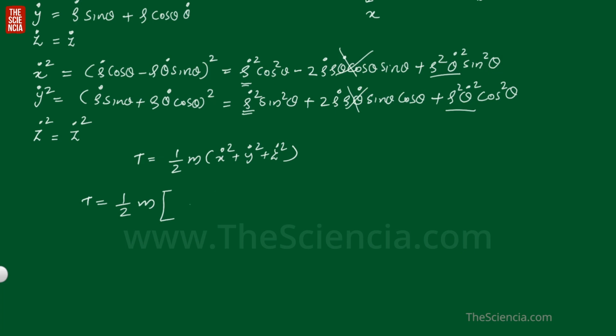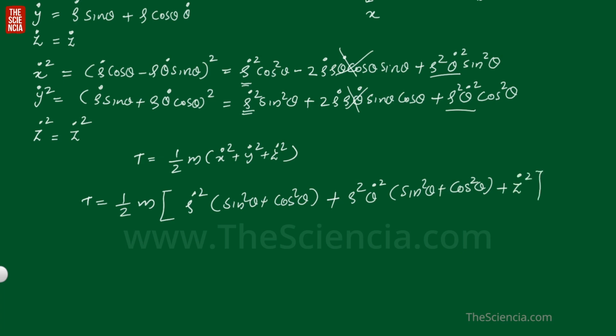So we get 1 by 2 m into rho dot square into (sin square theta plus cos square theta) plus rho square theta dot square into (sin square theta plus cos square theta) plus z dot square.